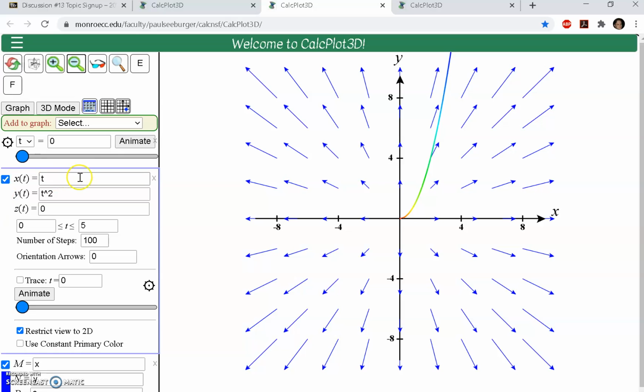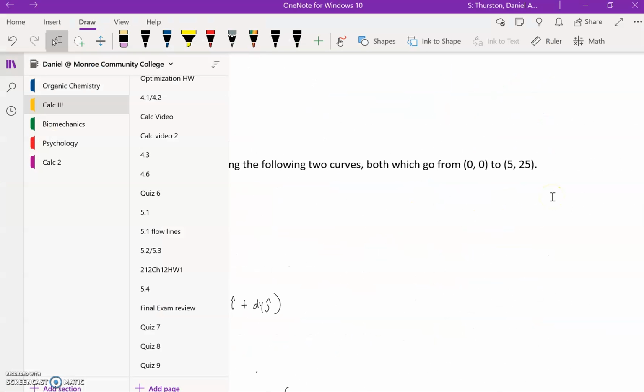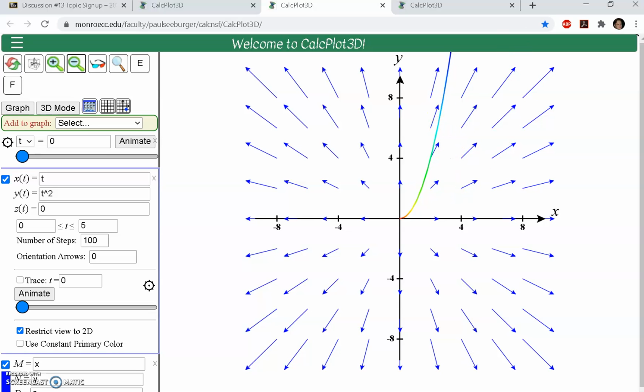For the first one, this is for that parabola, and it says the curve goes from 0, 0 to 5, 25, so you can tell that value goes pretty high up.